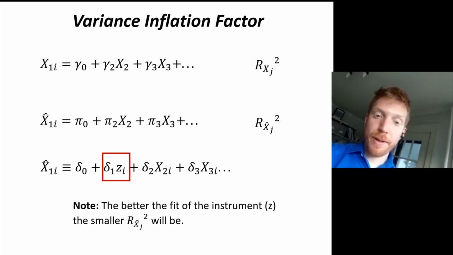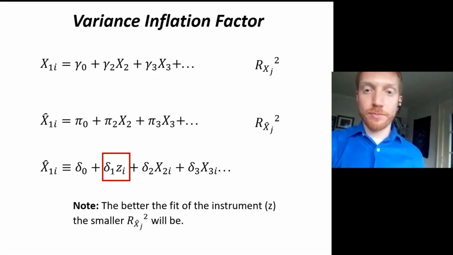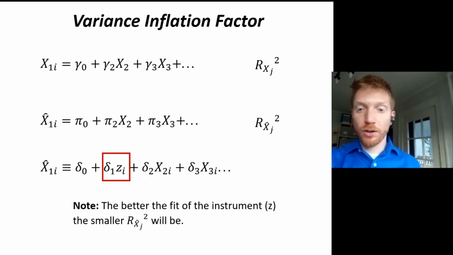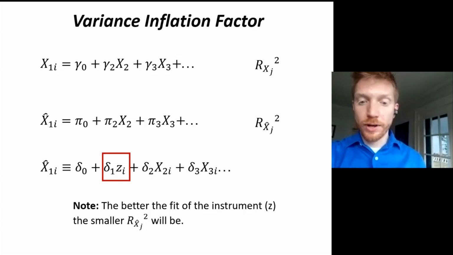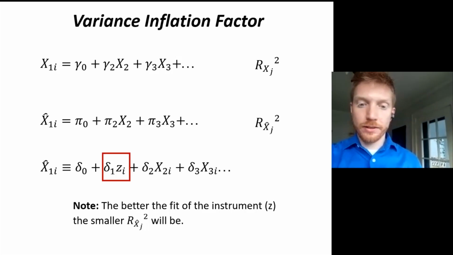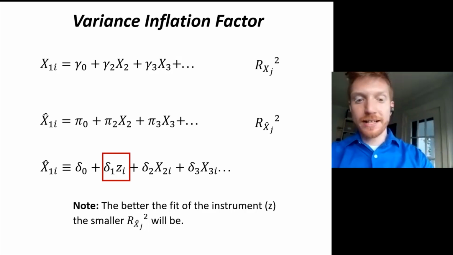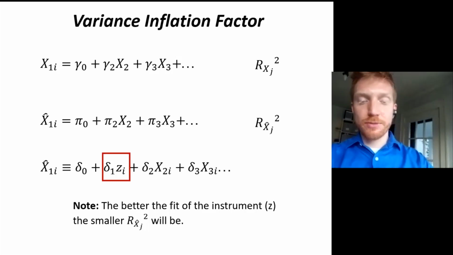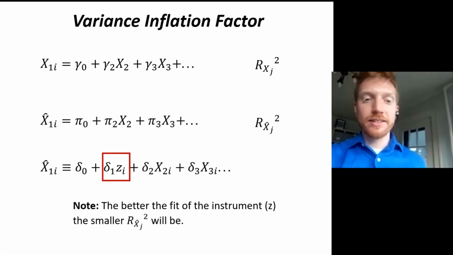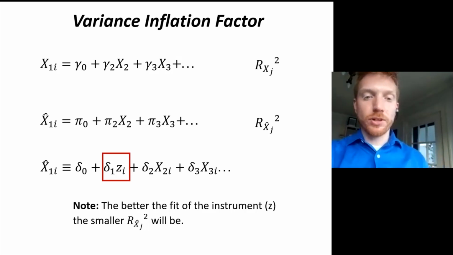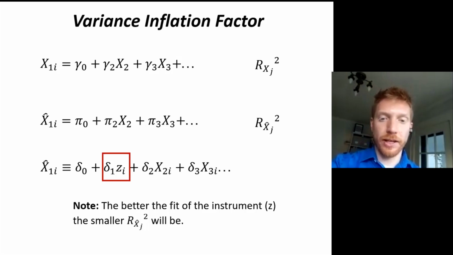So again, the better fit we have with our instrument, the smaller the r squared of xj will be. The more that x is just being explained by z and not the other x's, the more so that those other x's won't be related.